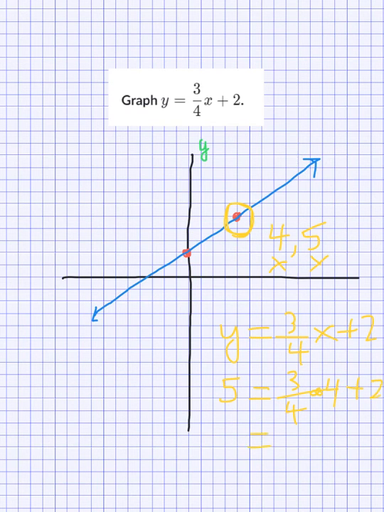Simplifying the right-hand side, 3/4 times 4 is 3, plus 2. 3 plus 2 is 5. And you can see that the right-hand side is equal to the left-hand side. So this is what I mean by solving the equation. Every ordered pair that this line goes through, every x, y ordered pair, is a solution of this equation. So when we graph this equation, we are actually solving it.